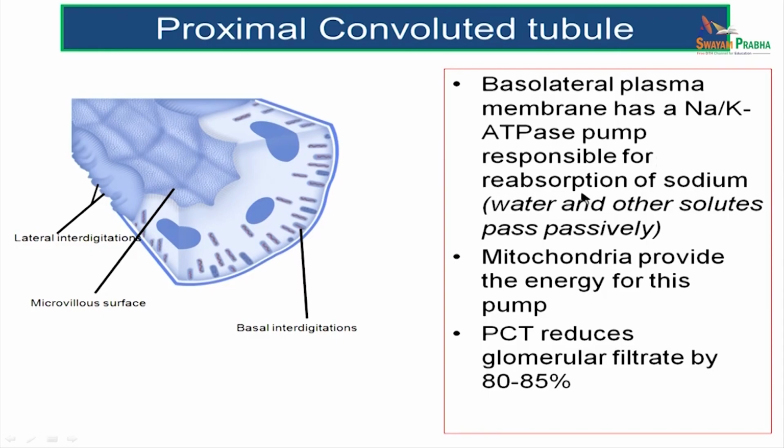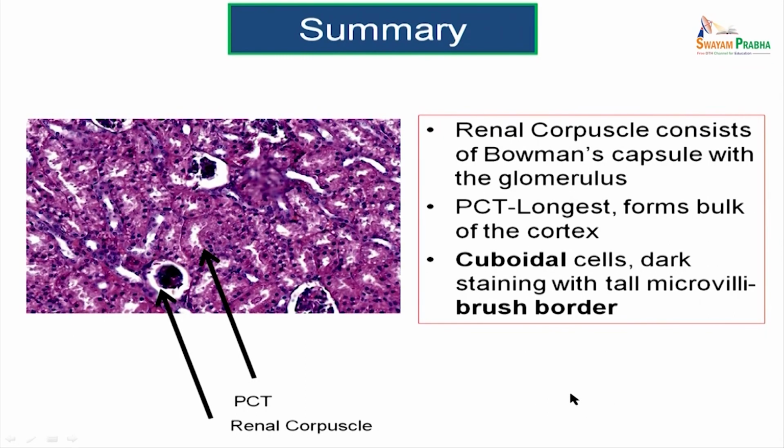This pump is responsible for reabsorption of sodium. Water and other solutes pass easily. So, the proximal convoluted tubule reduces the glomerular filtrate by 80 to 85%. This is because of its histological structure. I repeat, the proximal convoluted tubule reduces the glomerular filtrate by 80 to 85%.